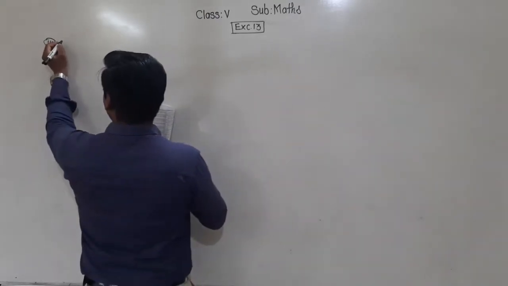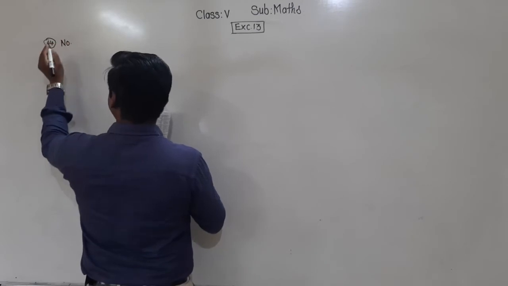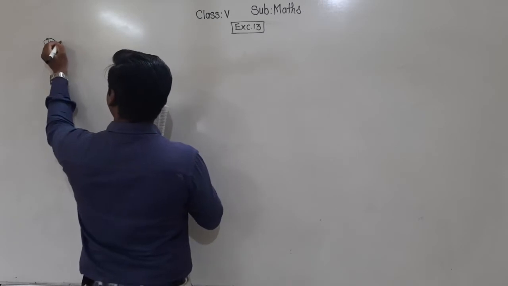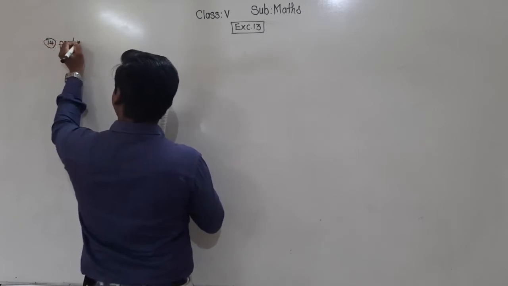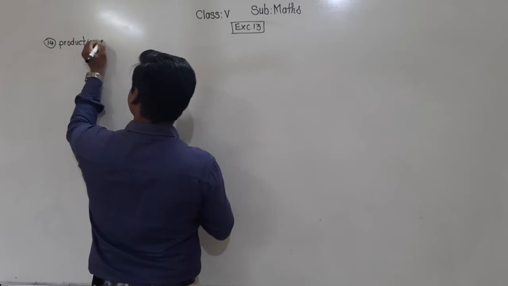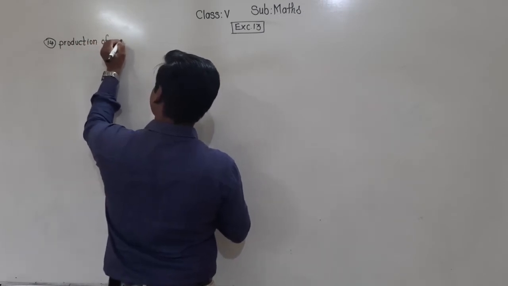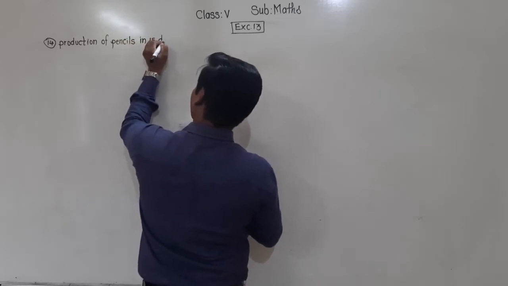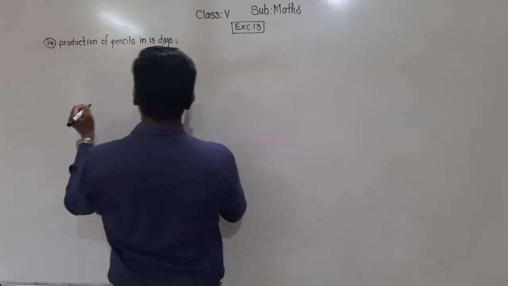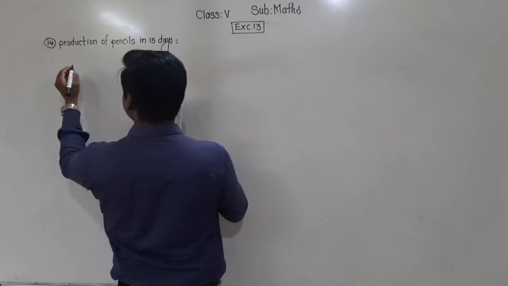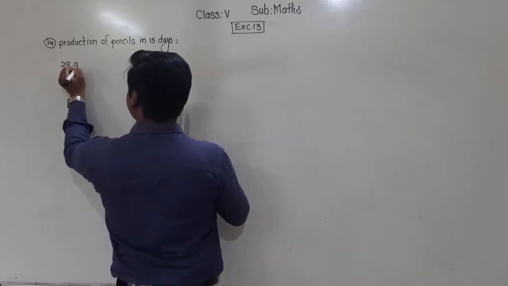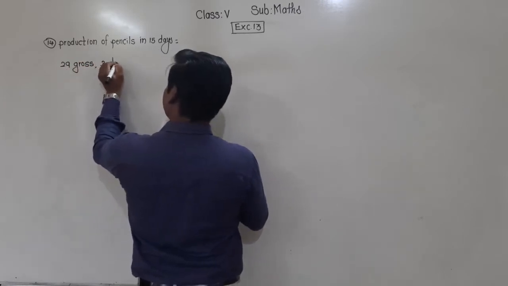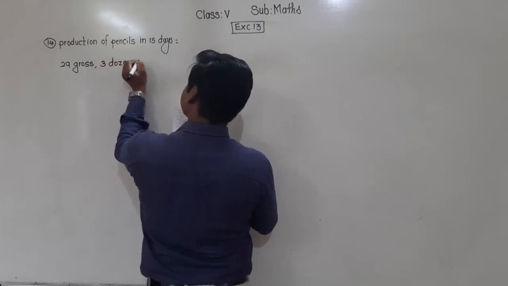What is the number of pencils? The production of pencils in 15 days is 29 gross, 3 dozen and 3 pencils.